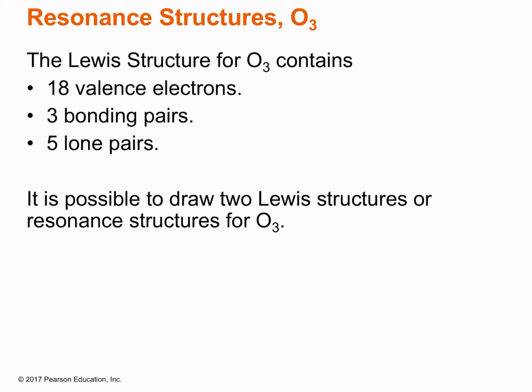So it would only say, draw the Lewis structure for ozone. If we have ozone, we're going to put our 3 oxygens in a line. Then we figure out how many electrons we have total for this structure. We have 3 oxygens, and each of those oxygens has 6 valence electrons, so we have 18 electrons we can use in our structure.